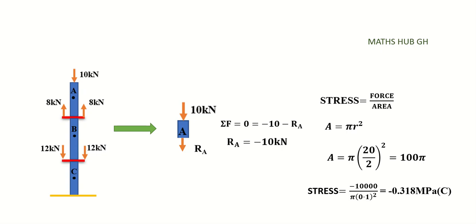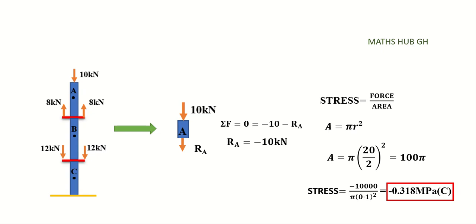Therefore, the radius is 0.1. So the area is pi multiplying 0.1 squared. You divide the force by the area, and that gives us minus 0.018 megapascal. Because it is negative, you will say it is under compression.